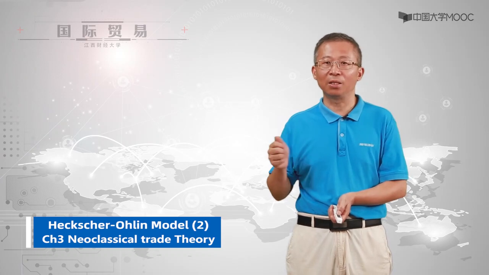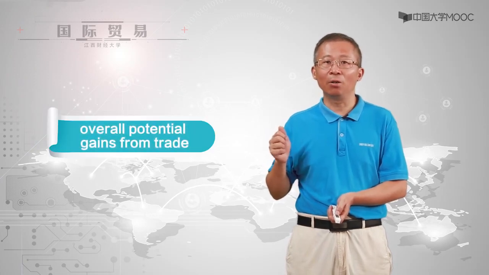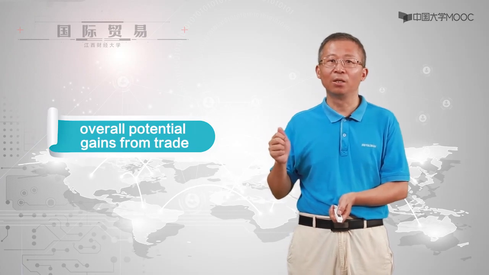Most economists, while acknowledging the effects of international trade on income distribution, believe it is more important to emphasize the overall potential gains from trade than the possible losses to some groups in one country.